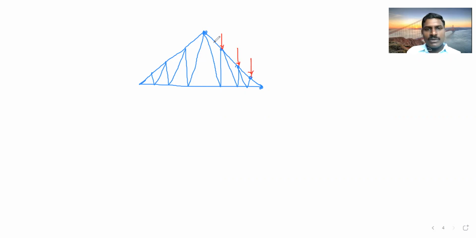If you assume four number of panel, then you will get this 3. So these are the intermediate panel points. These all are the intermediate panel points. Are you getting? And now here two points are there.